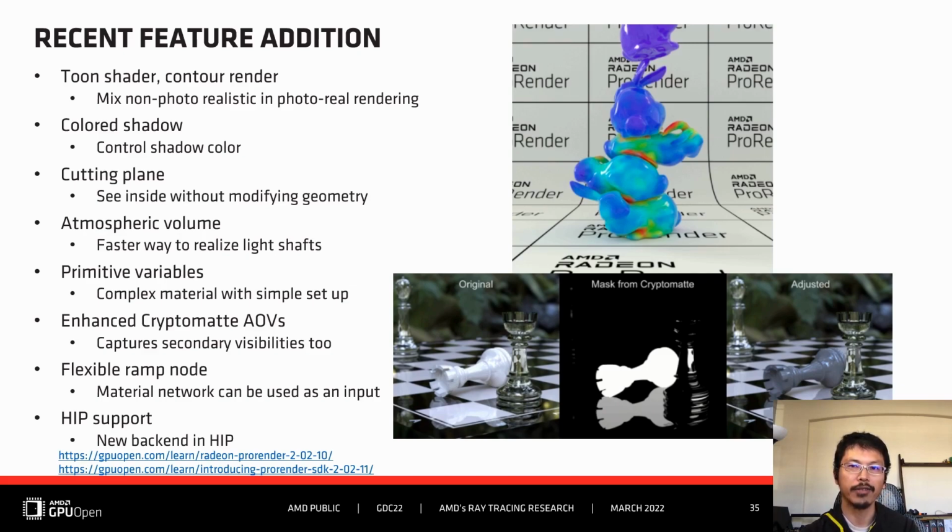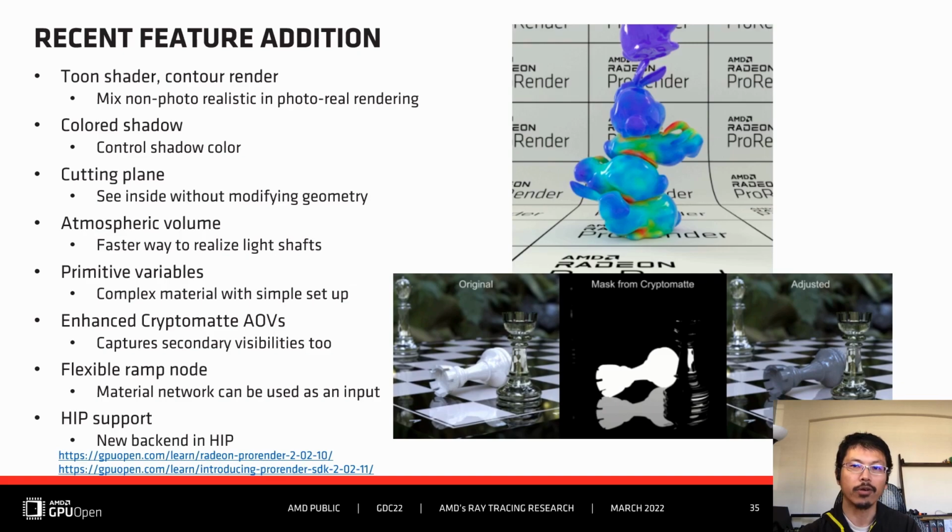You can put an arbitrary value on the primitives. One example is shown here in the image on the right. There are a few bunnies falling from the top and then deforming using finite element method simulation, which outputs the stress value per vertex.